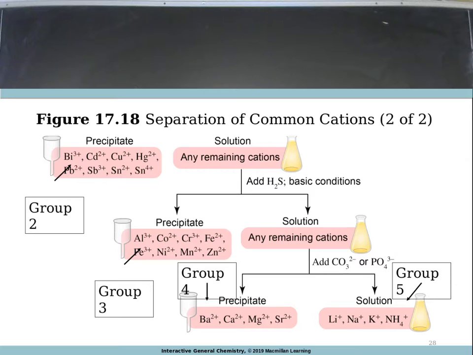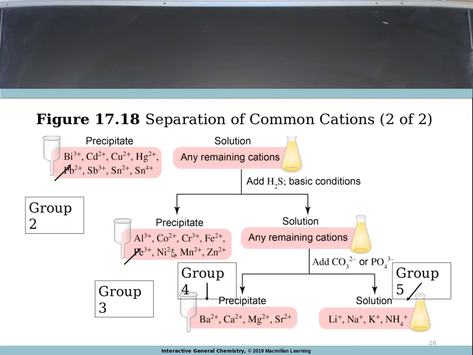Under basic conditions, they will crash out as a precipitate. So you add something like NaOH to make the conditions basic, and here we have aluminum 3+, cobalt 2+, chromium 3+, iron 2+ and 3+, nickel 2+, manganese 2+, and zinc 2+. So that's the third group.